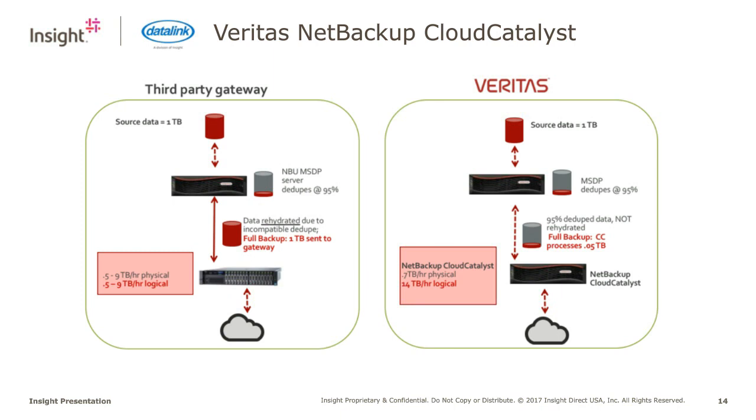That results in more LAN traffic and a longer time, because it has to send that data across your LAN to this Cloud Catalyst media server, reducing the amount of physical and logical data that we're able to send to the cloud.